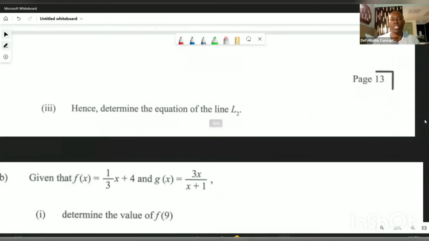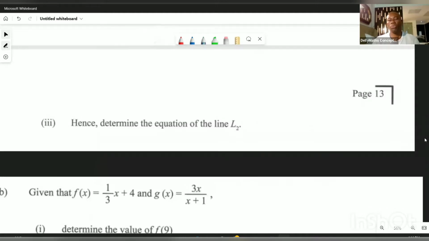Hence, determine the equation of line 2. If I know the gradient of line 2, the gradient is going to be the negative reciprocal of the gradient of line 1. Line 1 gradient is -1/2, therefore for line 2 it's going to be positive 2/1, which is just 2.